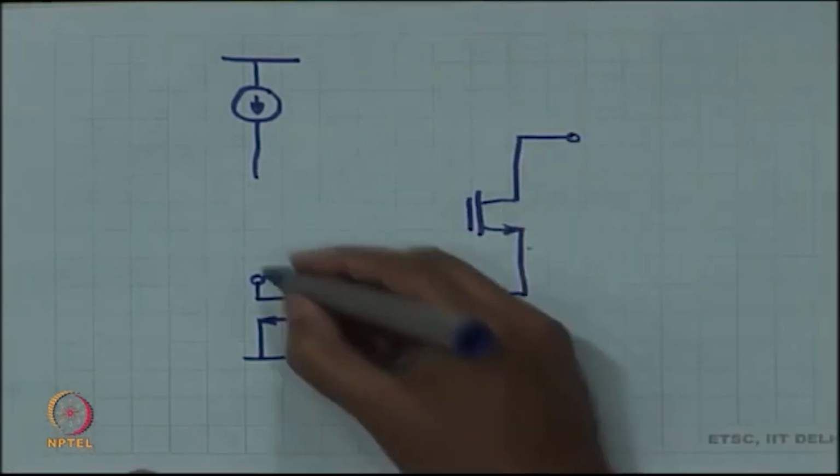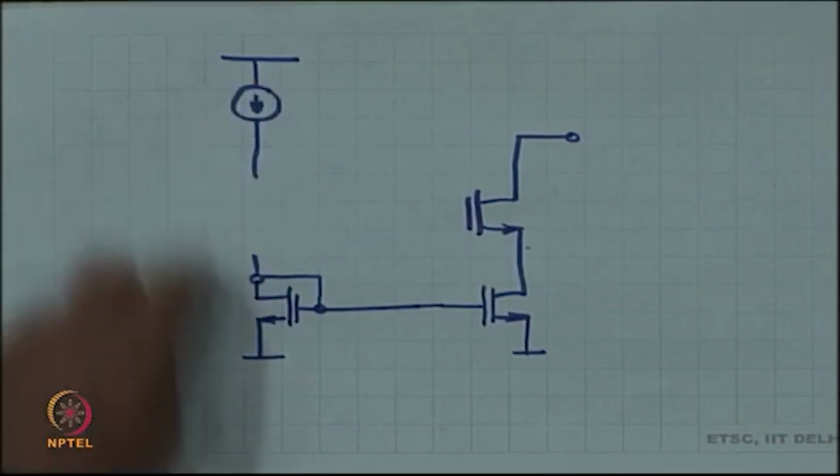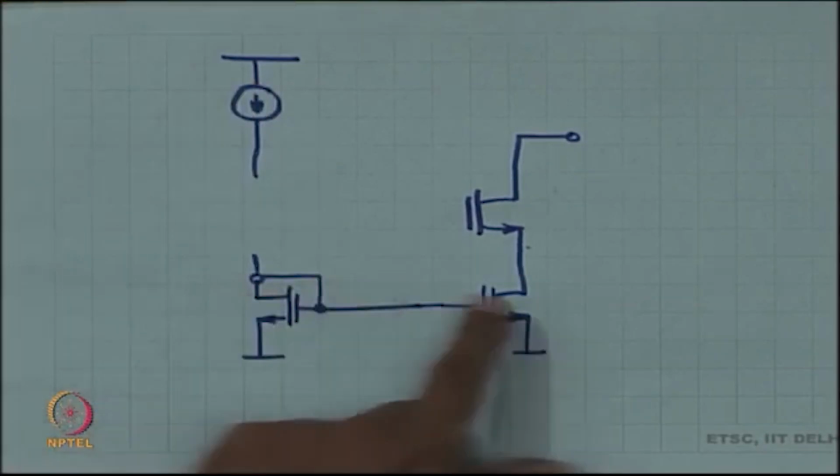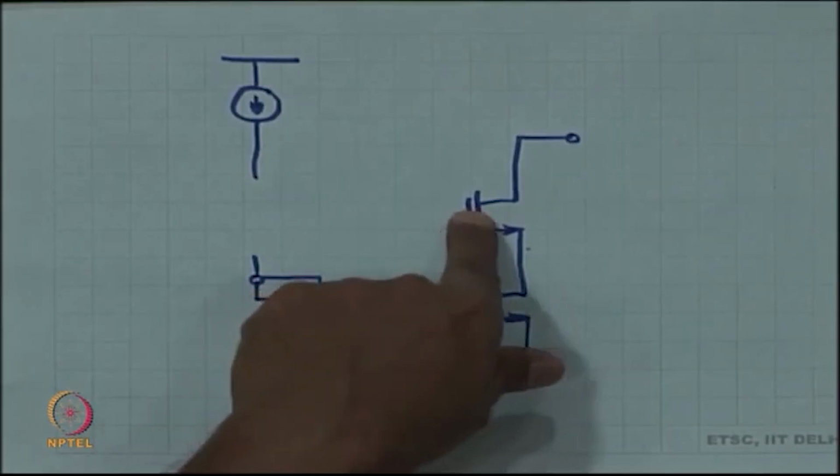Okay, so this is the basic premise. I am going to push this reference current right through this device and then mirror it and then common gate.